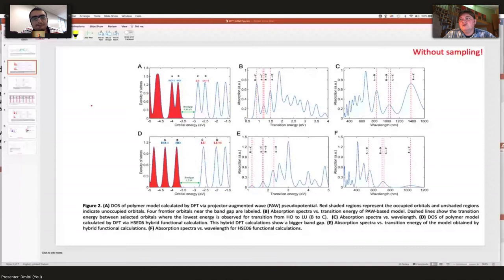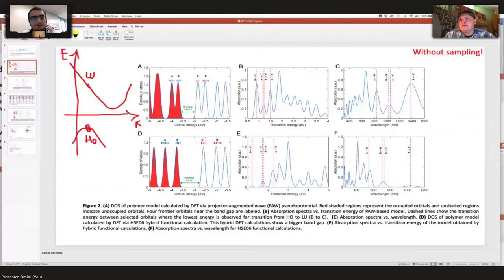So when one draws the momentum dispersion, so energy as a function of momentum for LUMO and HOMO, sometimes the minimum of the valence and conduction band do not coincide, and the gap formally is defined as the minimum of the conduction band and the maximum of the valence band.